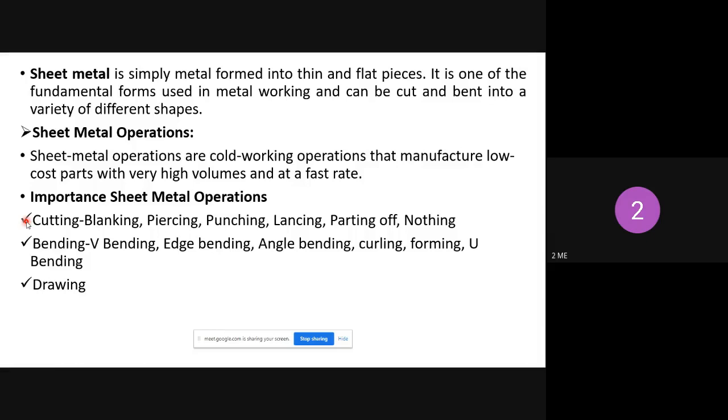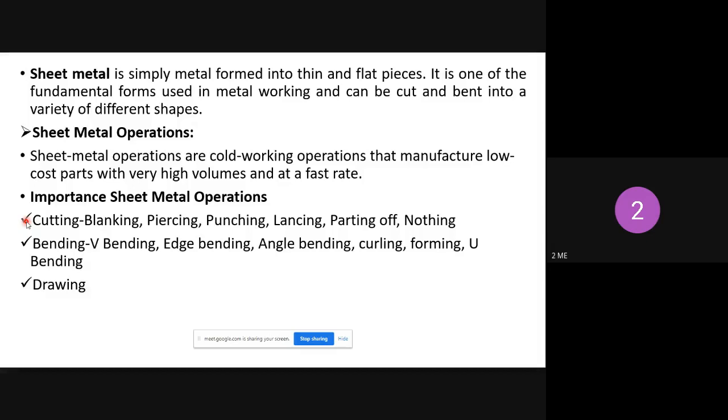Apply pressure to the sheet metal and bend it to a certain angle; that is called the bending operation. Next one is the drawing process. Drawing is applying pressure along with using dies, with the help of which we convert flat sheet metal into a cup shape. That is called the drawing operation.